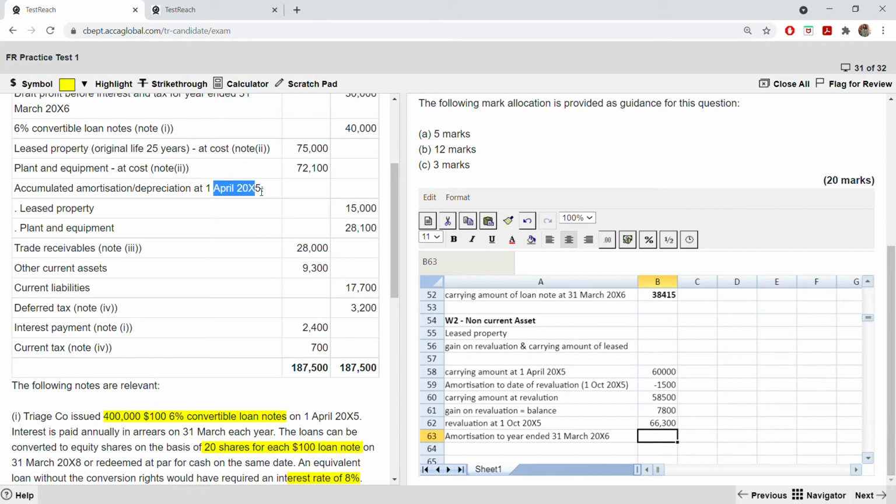So at the date of revaluation, when was the revaluation? 1st October 2005. There will be a remaining life of 19.5 years, because from 25 you are minusing 5 years, and you are minusing half. Why? Because it is October, from March to October, 6 months. So 25 minus 5 years is 20, minus half, 0.5, that's why it's 19.5.